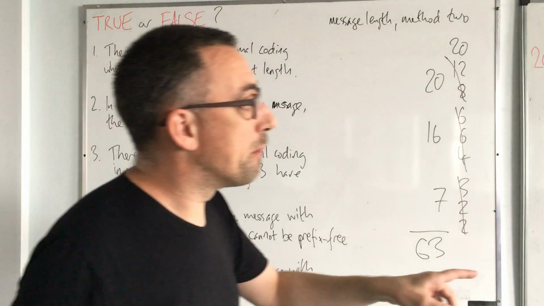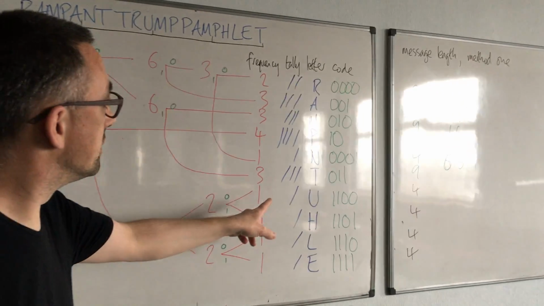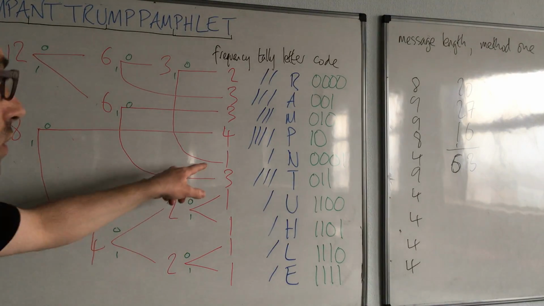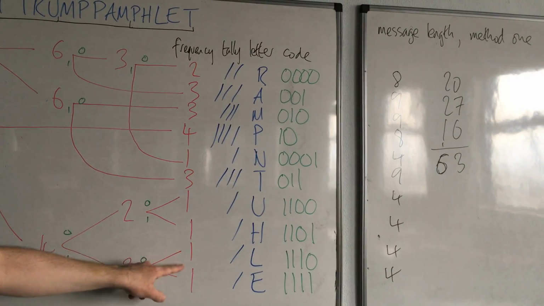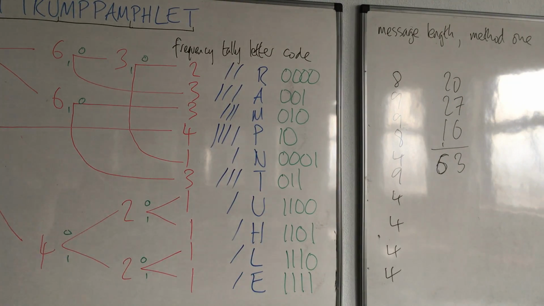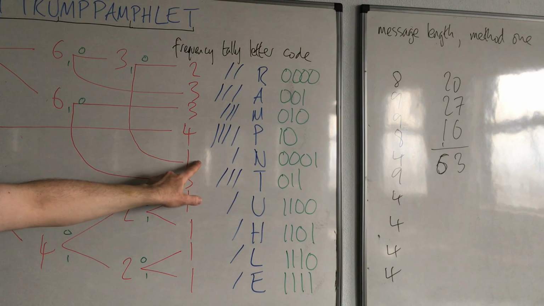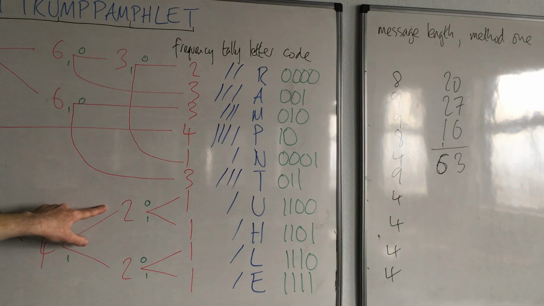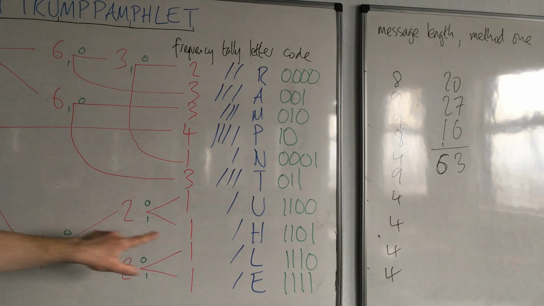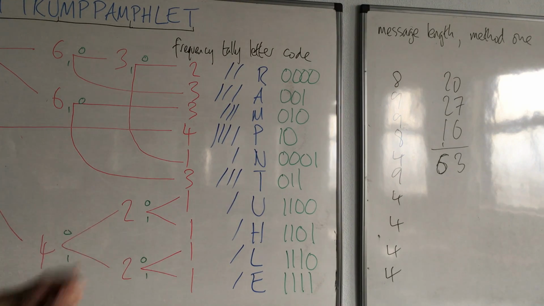Now, if you look back at this picture, you'll see that all of the frequency 1 codes have length 4, but we could very easily have made them different lengths. Here we had to pair this one with a 2. If I'd paired this one with this 2, the code for N would have been shorter than the codes for U and H, and it would still have been a valid Huffman coding. So no, it's not necessary that all of those ones had to have the same length.